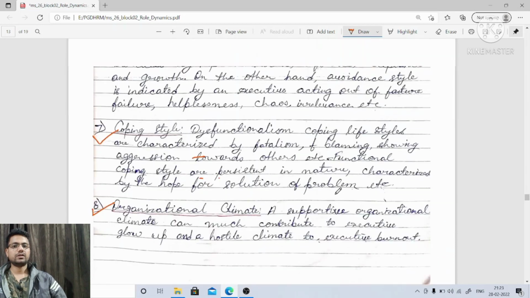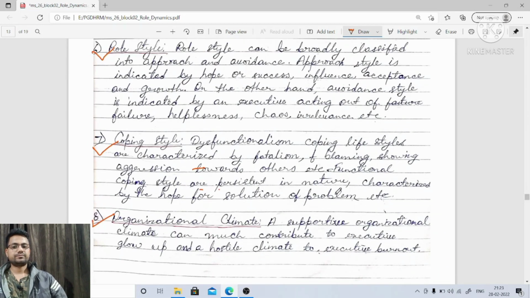If the organizational climate is better for the executive, then it is going to decrease the stress. And if it is a hostile climate, then that may result in burnout for the executive.